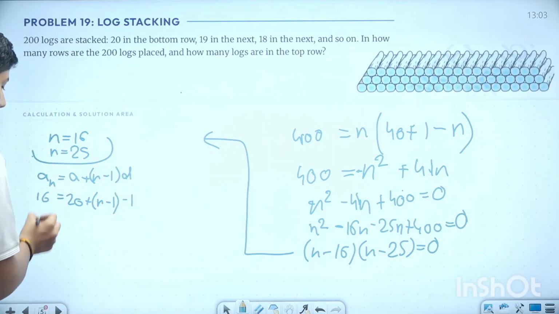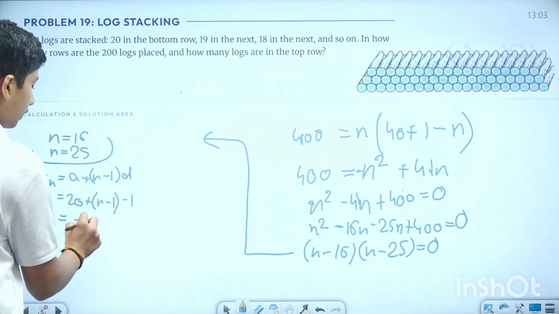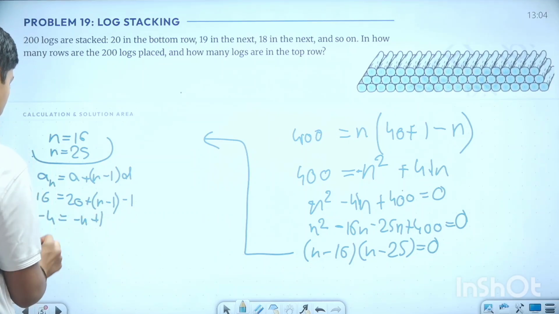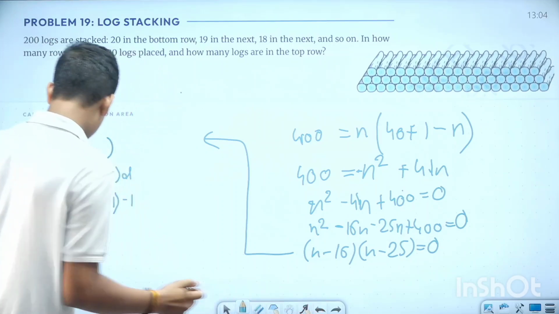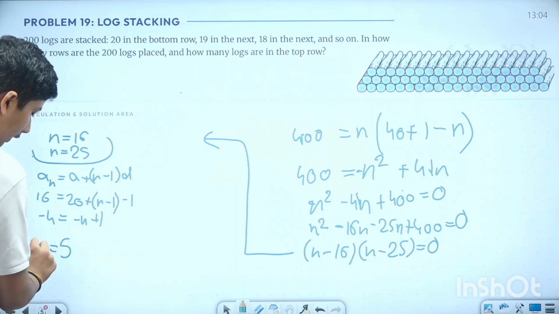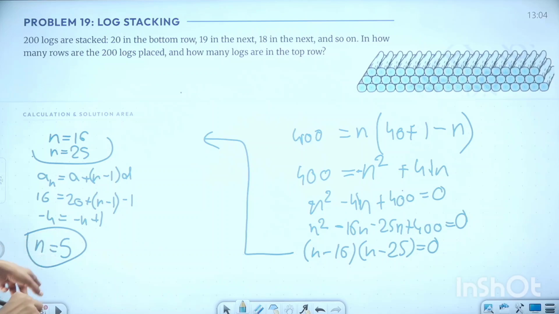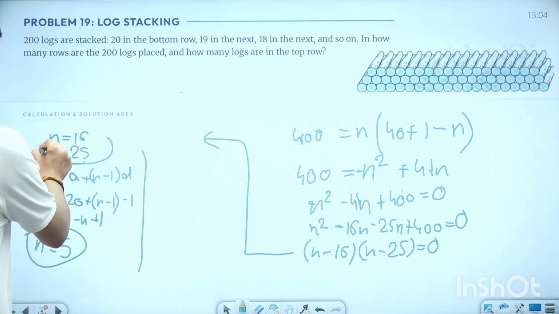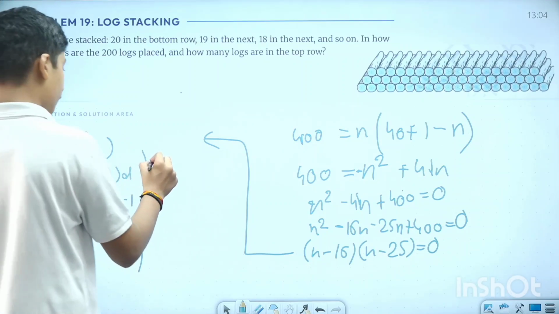So 16 minus 20 is minus 4, equals minus n plus 1. So n equals 5. This is our answer. And then there is also a second value of n, which is 25. So we'll solve it.